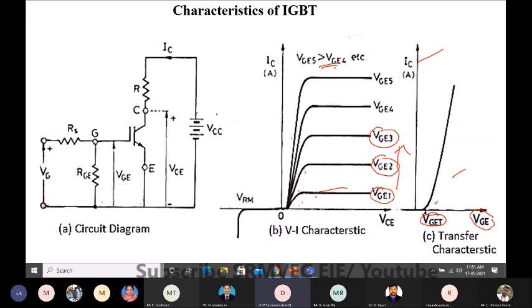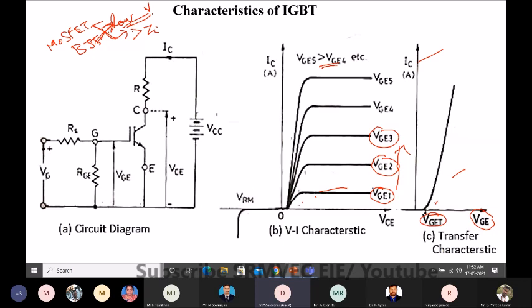As you are combining both, the MOSFET gives the high input impedance feature, and the BJT gives low saturation voltage. These two properties are combined in the IGBT, the insulated gate bipolar transistor, and this is the major role.